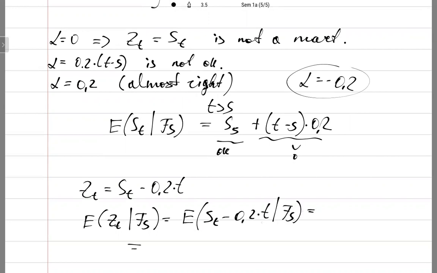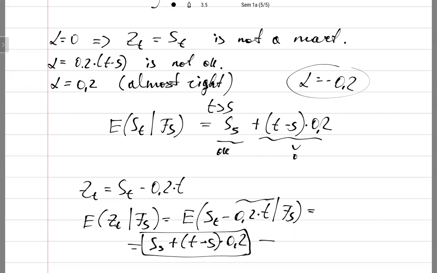We already know everything about the expected value of ST, so it will be SS plus T minus S times 0.2. We have already calculated that. Minus, because this part is non-random, I just copy it.